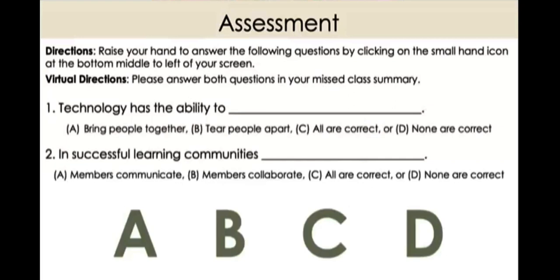And number 2, in successful learning communities, A, members communicate. Well, I guess you could say all members. B, members collaborate. C, all are correct. D, none are correct. And I see your hand, Rex. What do you think?